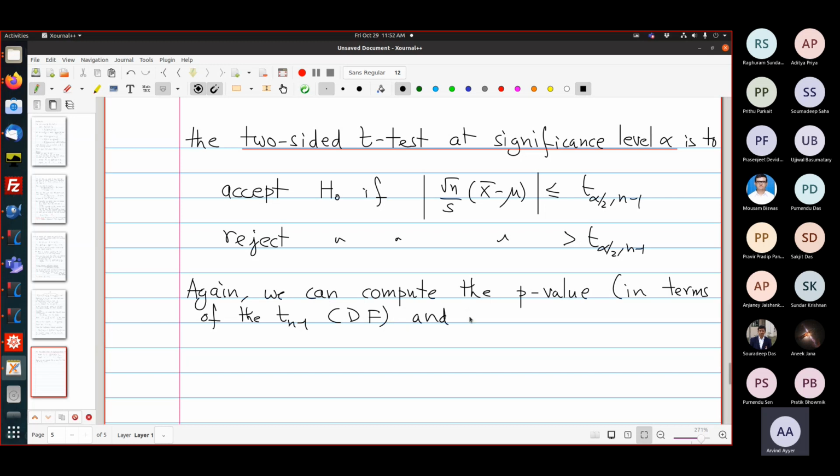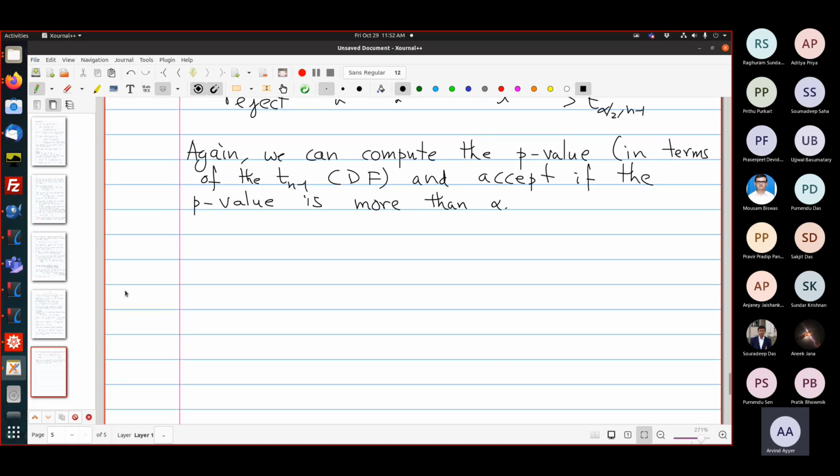And accept if the p-value is greater than alpha. More than alpha.